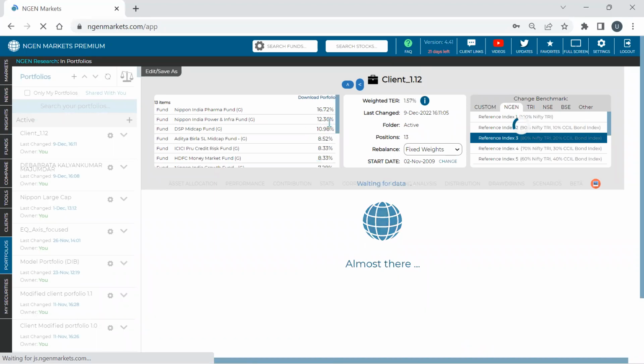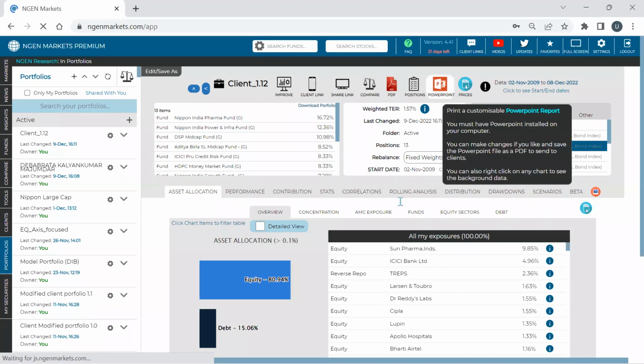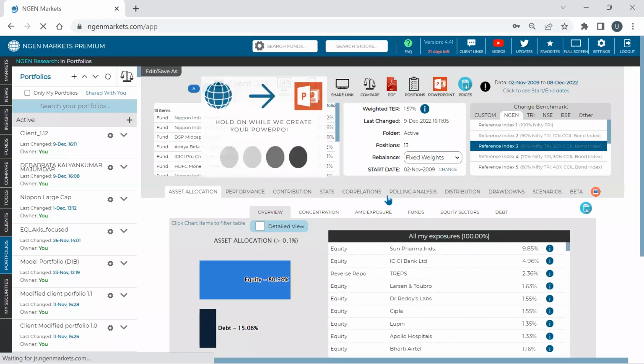What if I want to know that if I invest 50 lakhs, what would be my allocation to Nippon India Pharma on the base of 50 lakhs? All I do is click on this PowerPoint button and type in the capital. I'm just typing the ballpark figure of 50 lakhs. You click on create PowerPoint, and it helps us create that PowerPoint report based on the capital allocation.